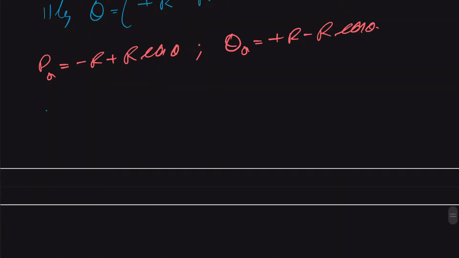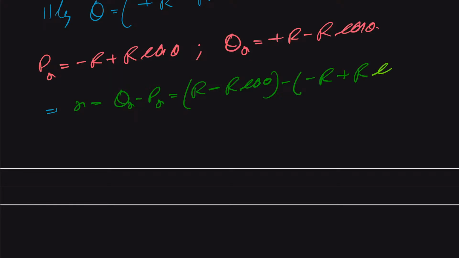Therefore x is equal to Qx minus Px, so we get r minus r cos of theta minus minus r plus r cos of theta.